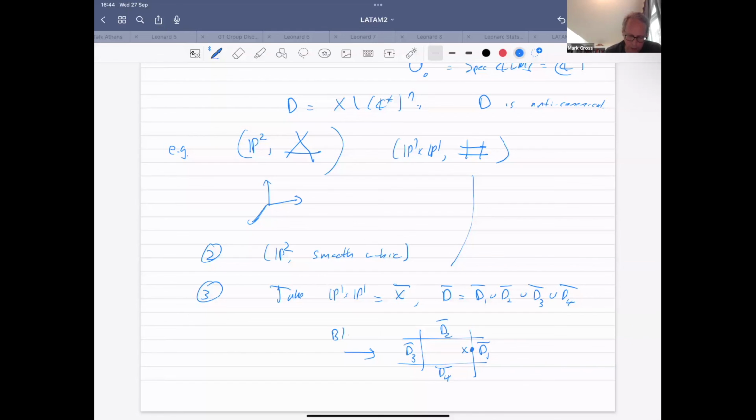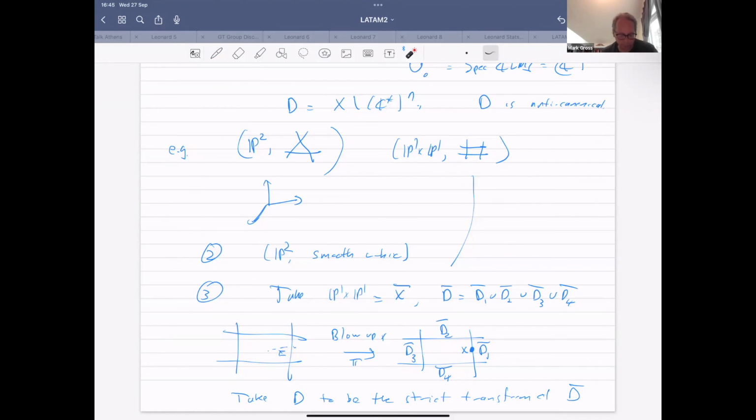Call this point x, blow up x. And now I get something that's no longer a toric variety. You have an exceptional curve that looks like this, which I'll call E, and take D to be the strict transform of D bar. So that means that D consists of these 4 divisors. It does not contain E. E is not part of D bar.